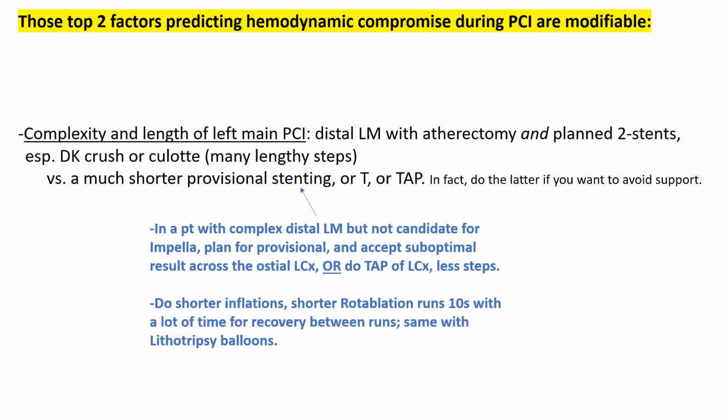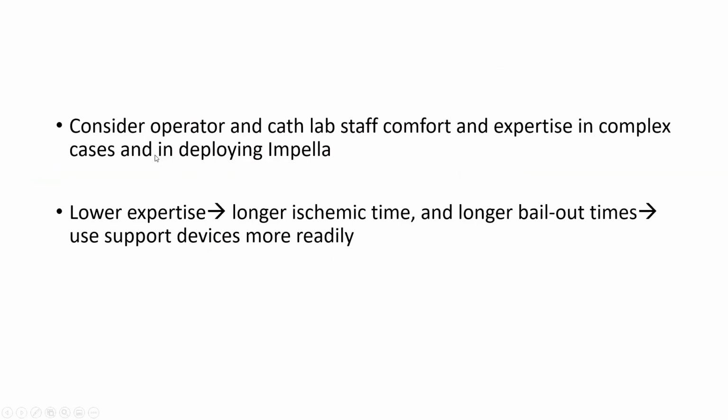Another idea here I want to mention: I described my approach, but eventually everybody should also consider his personal expertise and the expertise of his cath lab. So consider operator and cath lab staff comfort and expertise in complex cases and in deploying support devices quickly.